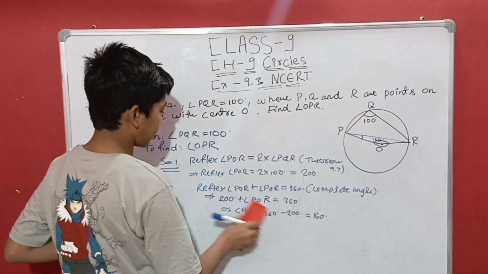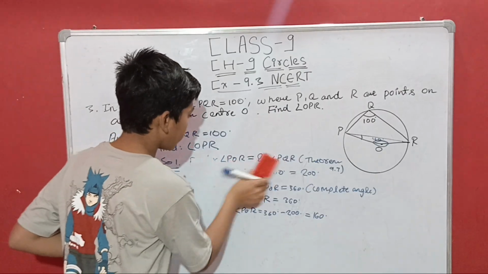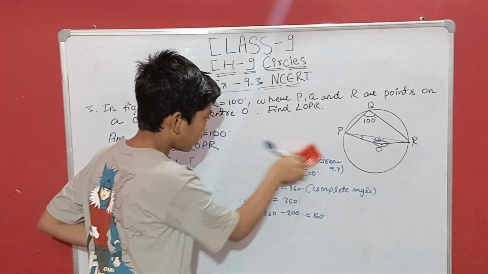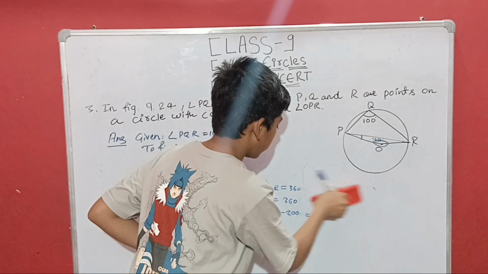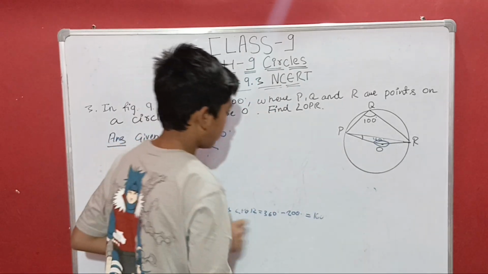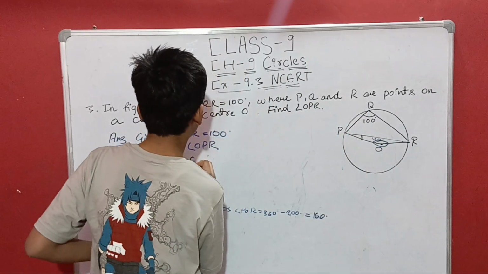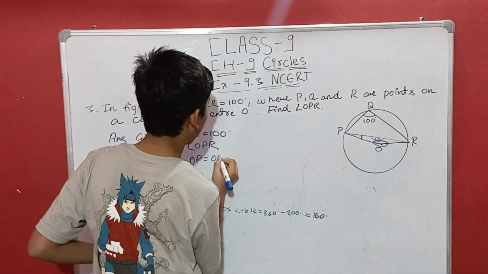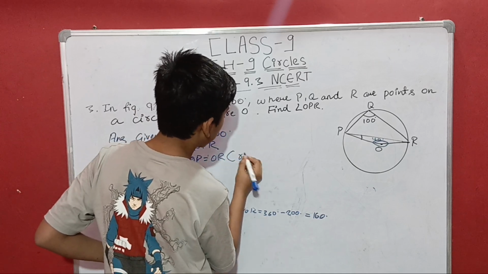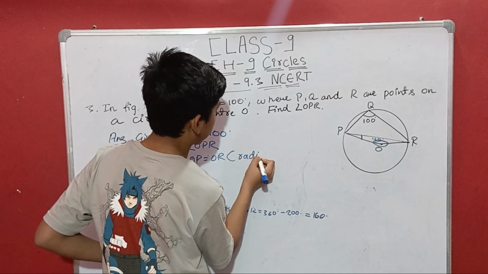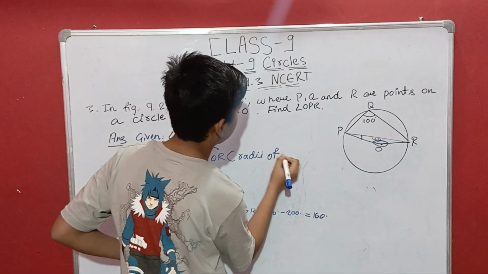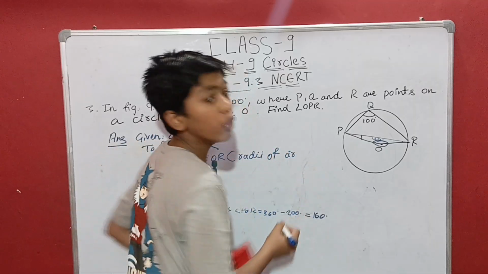Now, as we know that this angle is equal to 160 degrees, we also know that OP is equal to OR. Why? Because these both are radii of the circle, and the radii of a circle are always equal to each other.